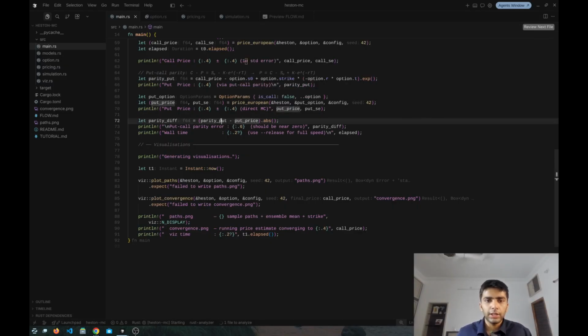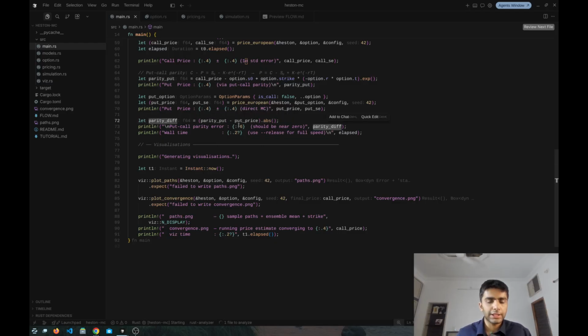If the difference is huge, it means that there is some error or issue in our Monte Carlo simulation, and if the difference is near zero, that means that our simulation is close to how it should be.